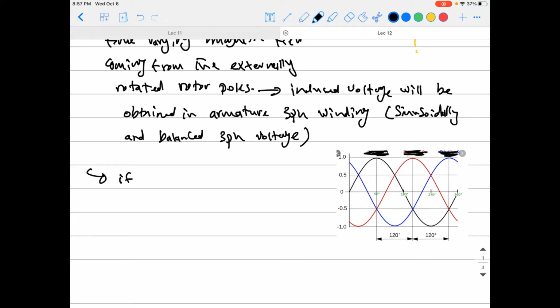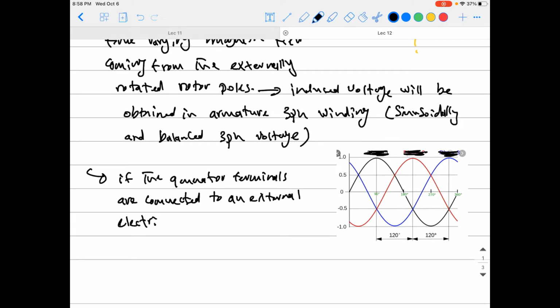If the generator terminals are connected to an external electric load, so it's resistance, inductance, capacitance, whatever it is, R, L, and C, because that's an AC voltage, not like a DC machine.